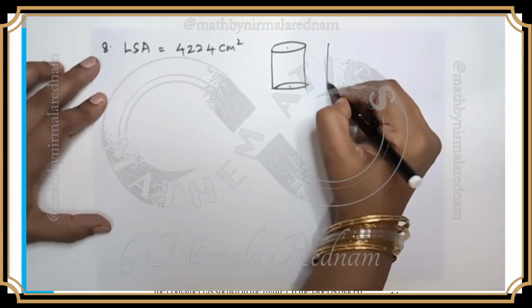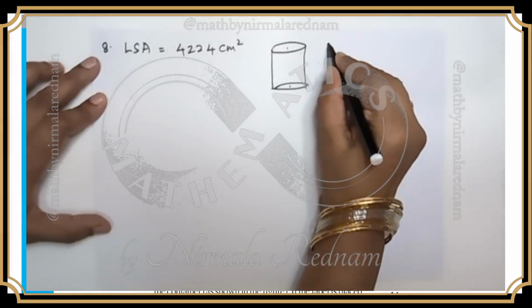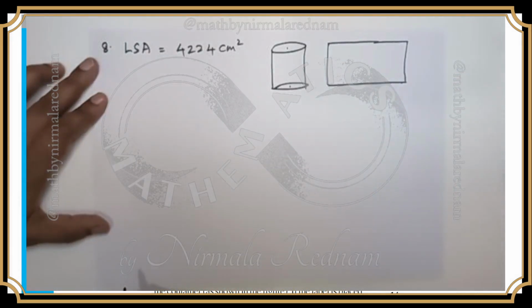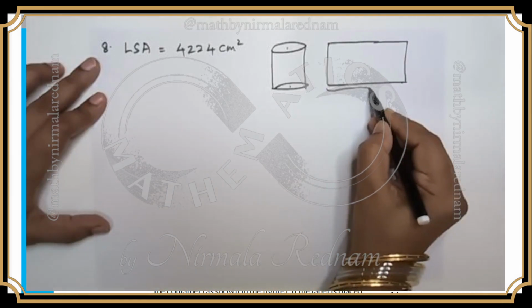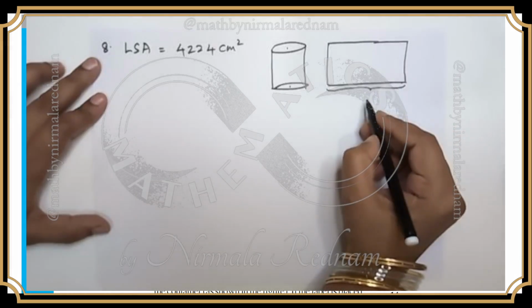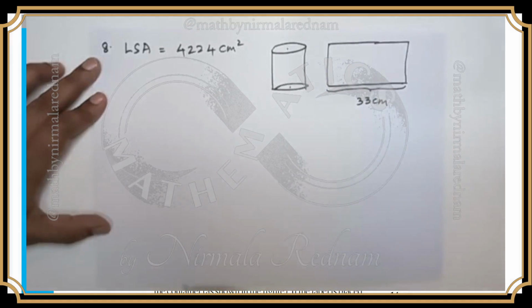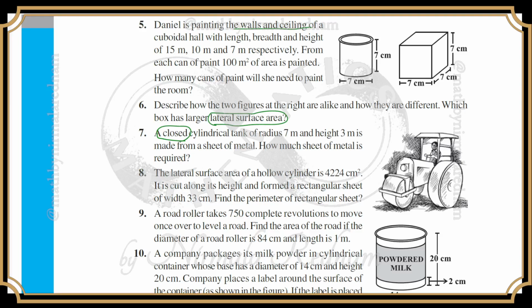You're going to get a rectangular sheet. Now for this they have given the width, right? So the width of this is nothing but this length, correct? This is given as 33 centimeters.